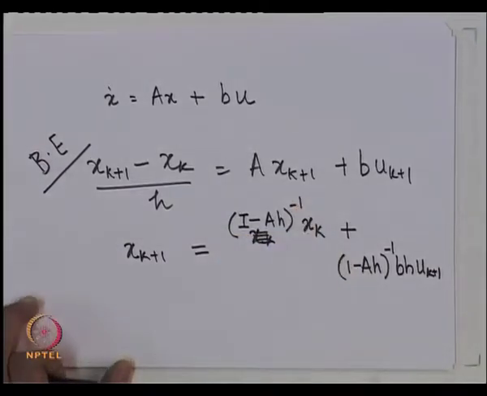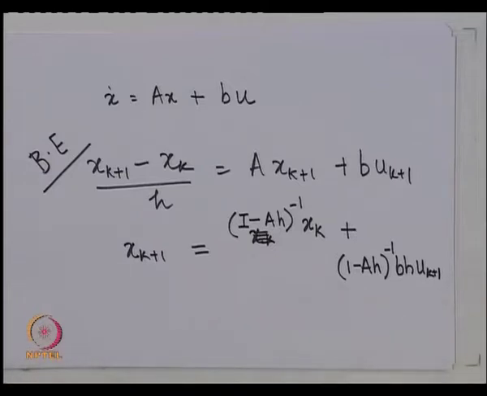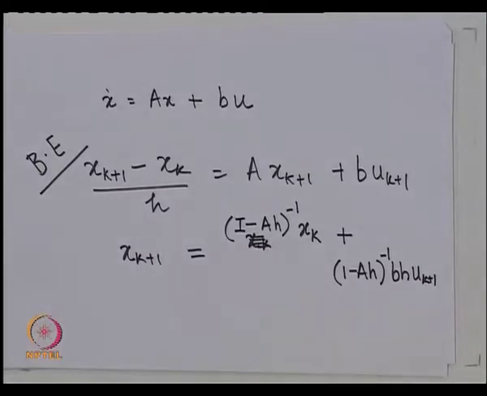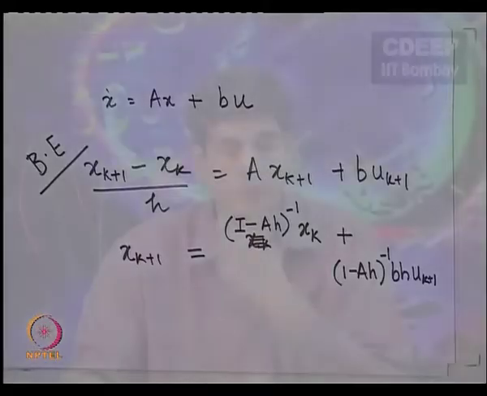So, you may even have to store a very large number of values if you are going to explicitly compute the inverse and keep it stored beforehand. What would be a pragmatic thing to do would be to compute the LU factors, the lower and upper factors of I minus A h, and just do backward and forward substitution during each iteration.